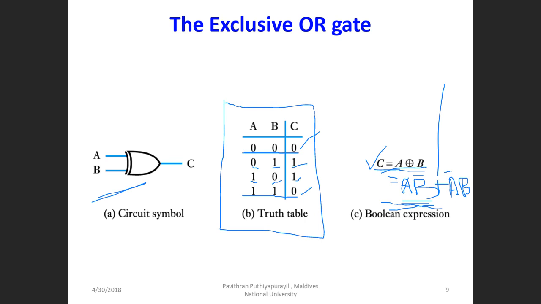So if both inputs are equal, 0 or 1, you will get 0 at the output. And if the inputs are not similar, that means one is 0 and the other is 1, or the first one is 1 and the second is 0, only then you can generate 1 or a true value at the output. Any confusion in the exclusive OR gate?